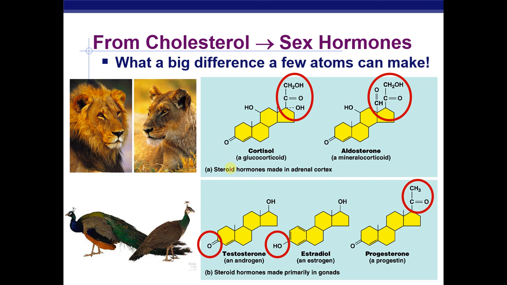For example, steroid hormones made in the adrenal glands. Here's cortisol and aldosterone. Look how similar they are. Look at this structure that they have in common and also have in common with cholesterol. And then in the darker red circle, there's the difference. Vastly different functions just because of that circle part up there.